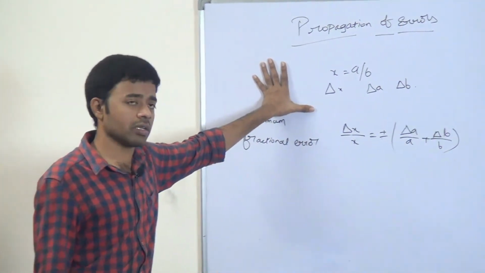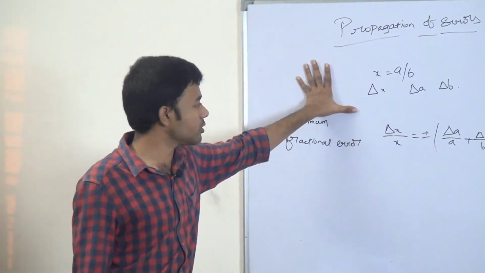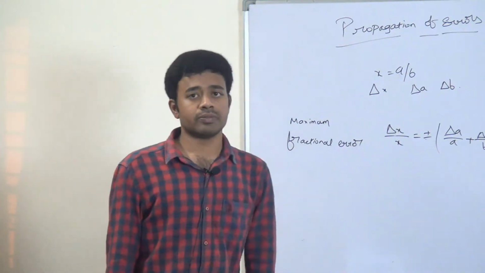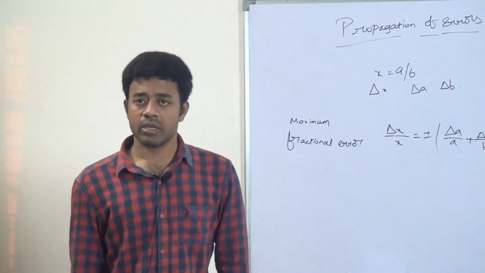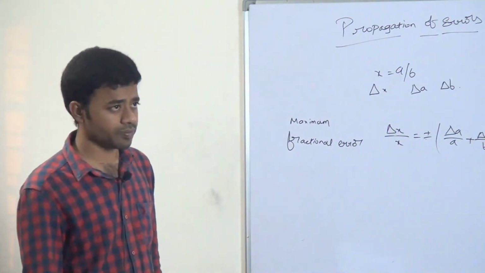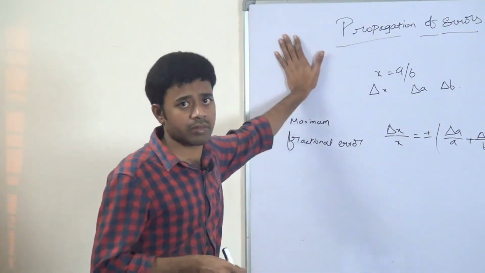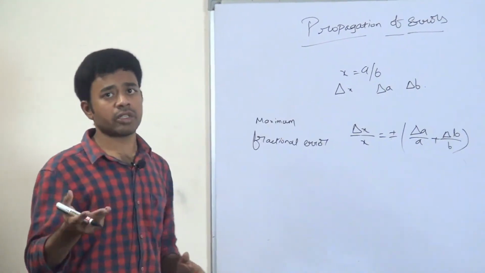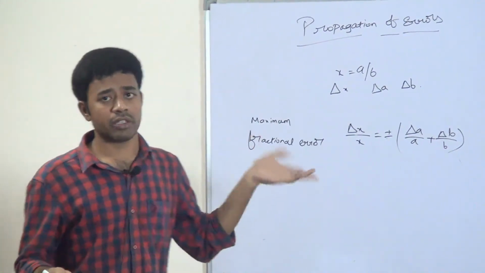In the case of division also, the maximum fractional error equals the mean absolute error by the mean value, equal to plus or minus delta A by the actual value A plus delta B by the actual value B.